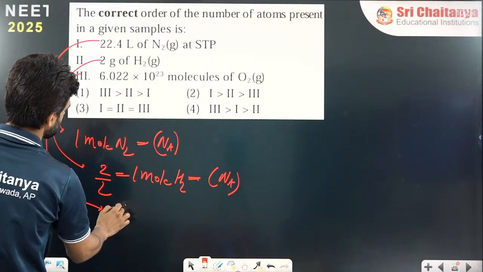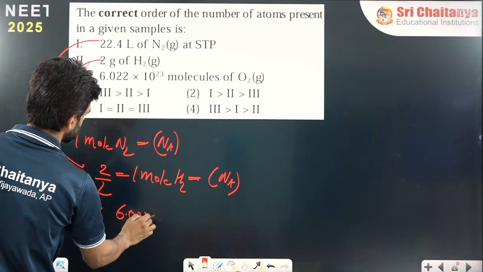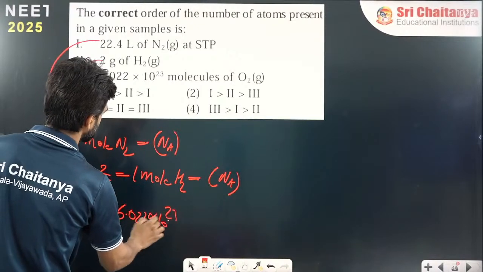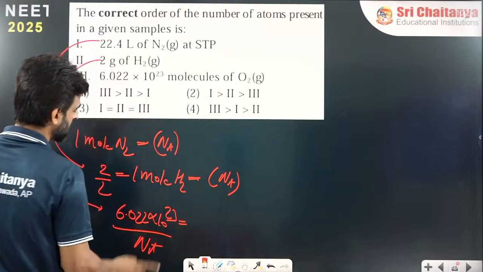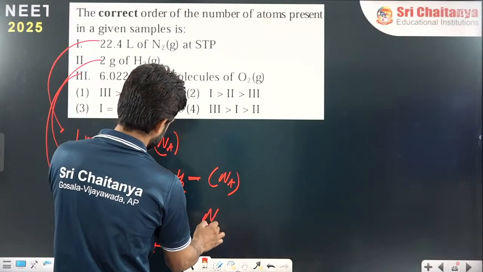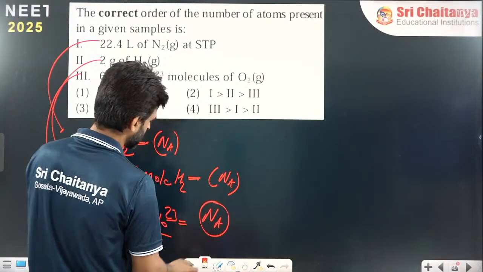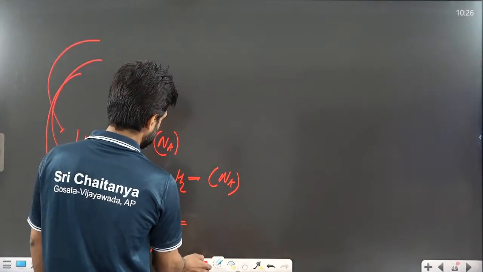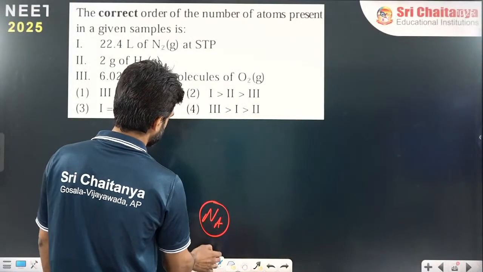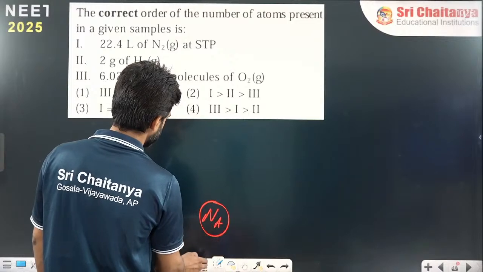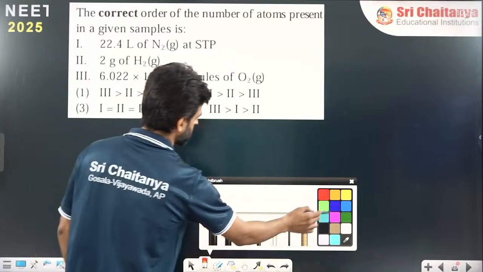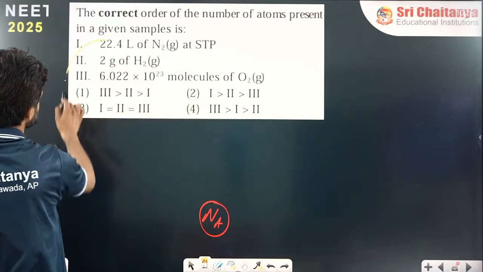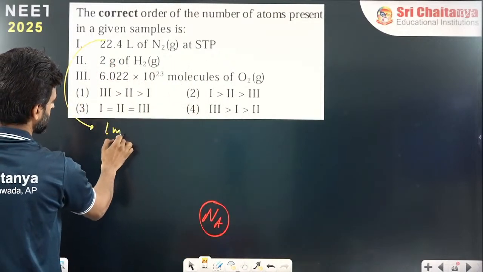Now 6.022 into 10 to the 23 molecules divided by Na. Again 1 mole is coming. So Na molecules. This gives us moles. Actually, if you see carefully, in every case indirectly they are saying we are having 1 mole.